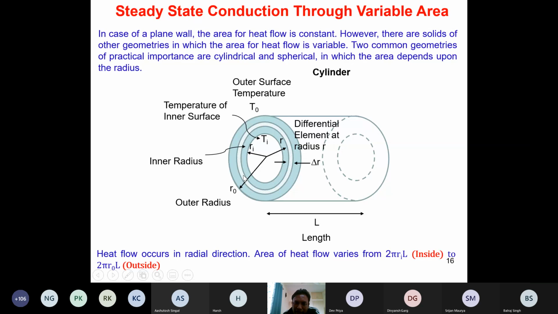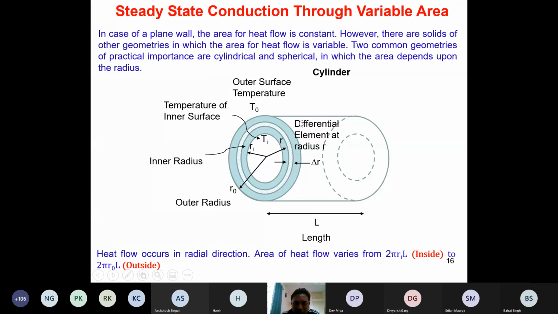For example, if you are looking at this radial position shown by this shell here, which I have made, which is at the radius r. So here you can see radius r is higher than Ri, but it is smaller than radius r0. So clearly the heat transfer area, which is nothing but this radial surface area, is going to be higher for this shell compared to this Ri, this inside surface area, whereas it is going to be lower than the surface area offered by the cylinder at the outside. Okay. So heat transfer area is going to vary as we move along the radial direction.